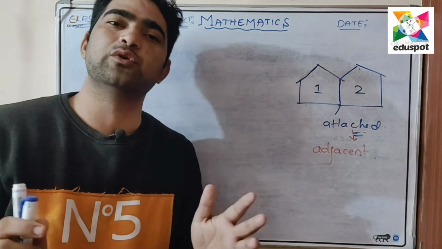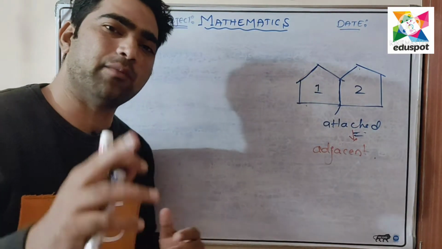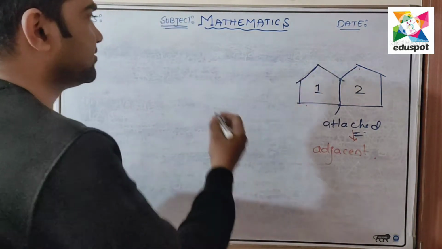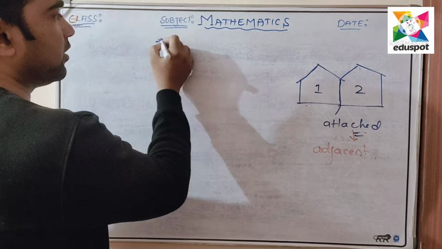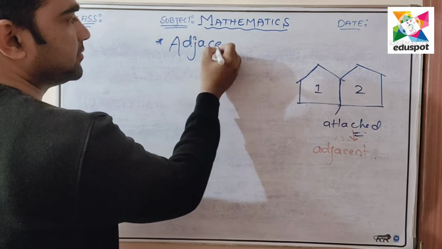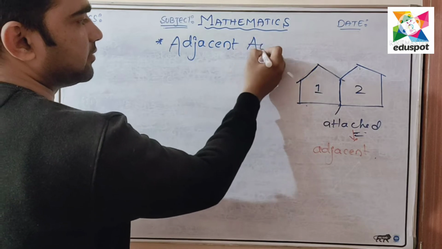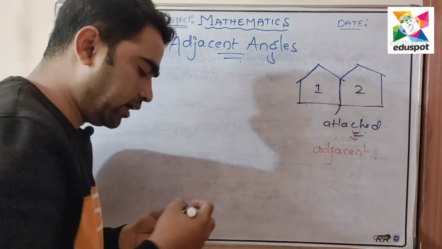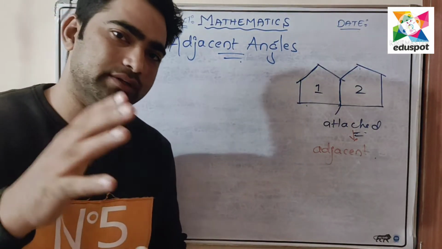Don't worry. In this class, I am going to teach you what adjacent angles are. Today we are going to learn about adjacent angles. It comes under the pair of angles concept.